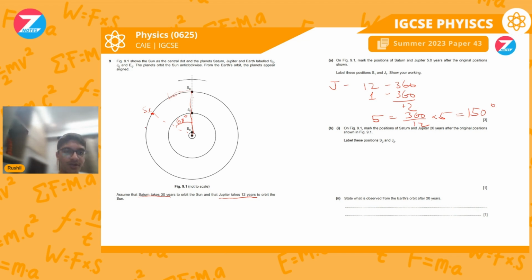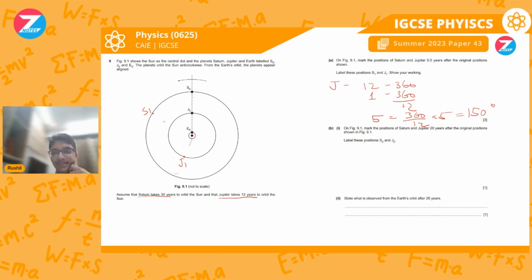Starting from here, we measure 150 degrees, which should be around here. So this whole angle should be 150 degrees, and this is the spot J1. So now if I clean the diagram a bit, this is S1 and this is J1.